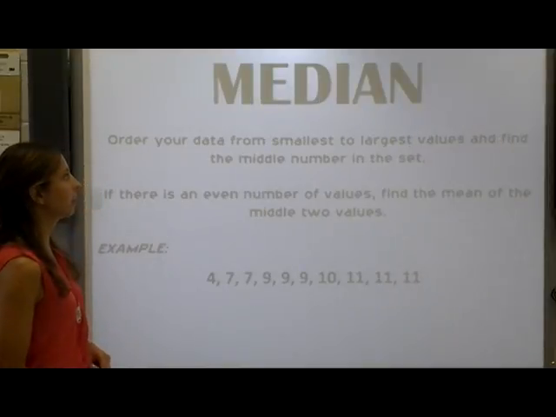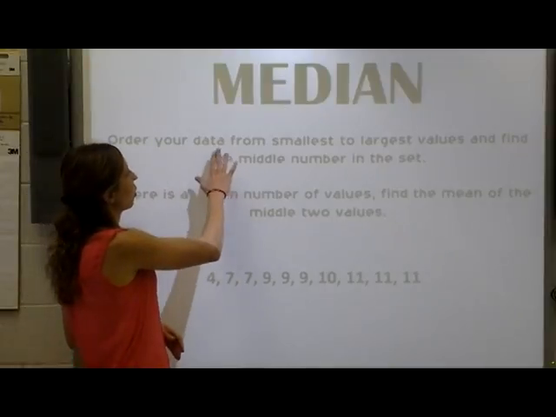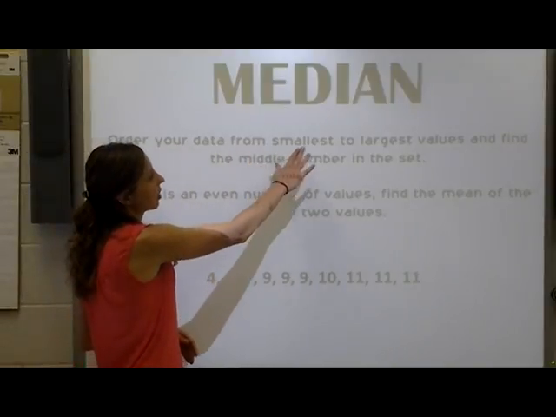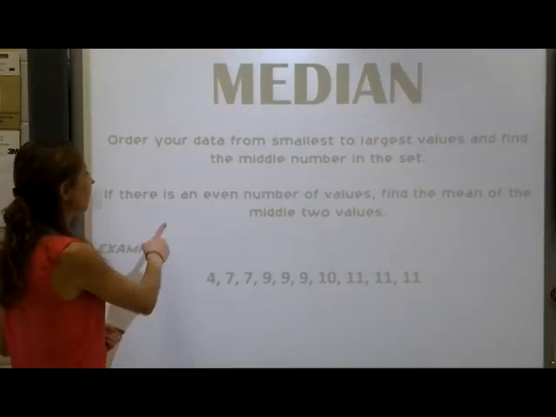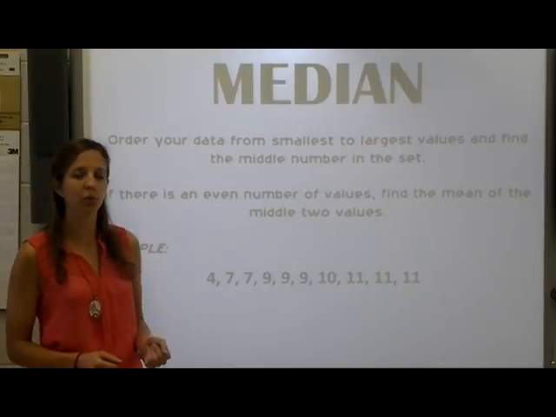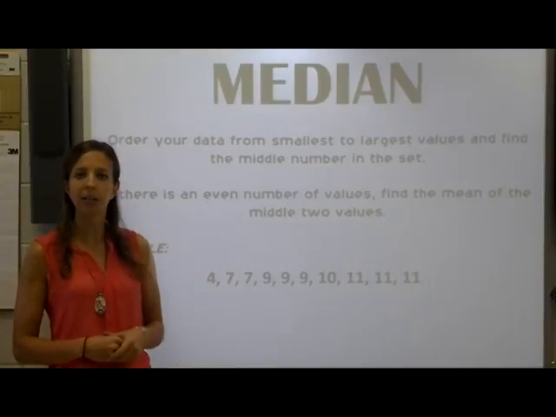If we want to look at the median of a data set, what we do is order our data from smallest to largest values, and then we use a cancellation method to find our middle number. If we have an even number of values, then we take the two middle numbers, add them, and divide by 2.